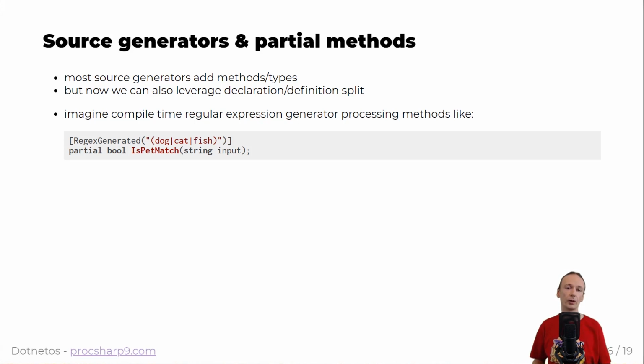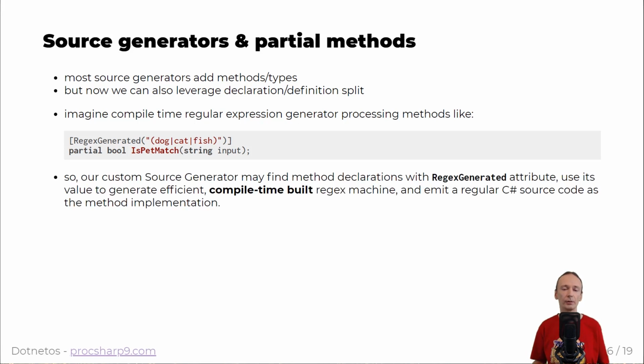So, first of all, we can get rid of reflection totally, because in normal usage, regular expressions are compiled at runtime to some machines that are emitted by reflection. So here we can get rid of it totally. Moreover, we have more power because we can optimize things during compilation, so we are not limited in any way by how complex the optimization is, because we are doing this once at compile time before the application is even run, which is super nice.